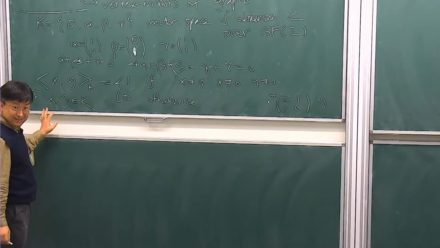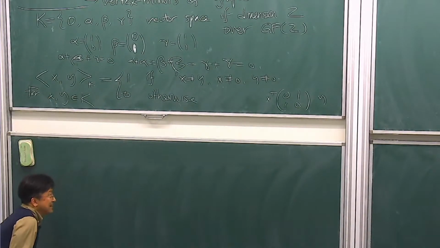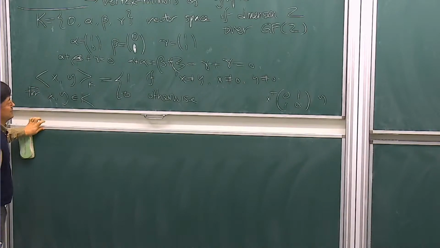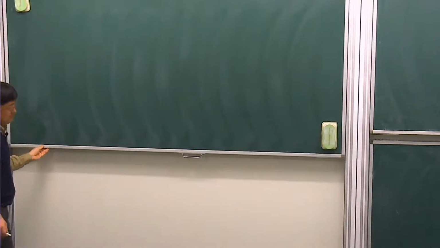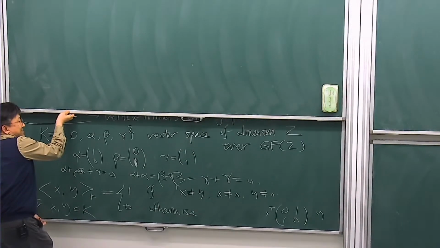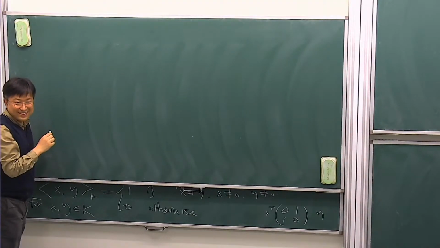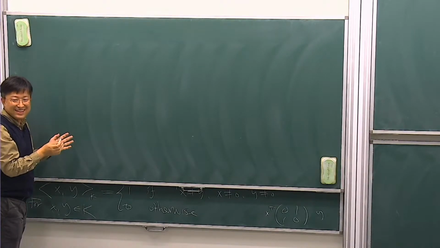All right, so that's my inner product or bilinear form on K. Now we are ready to define isotropic system. And then we can finish the talk, maybe.